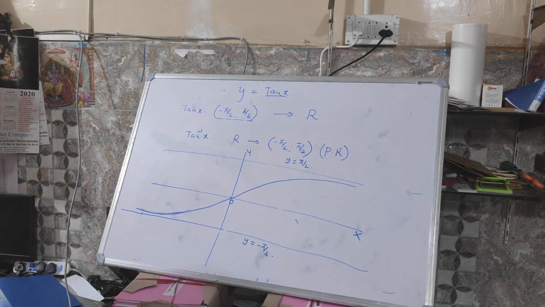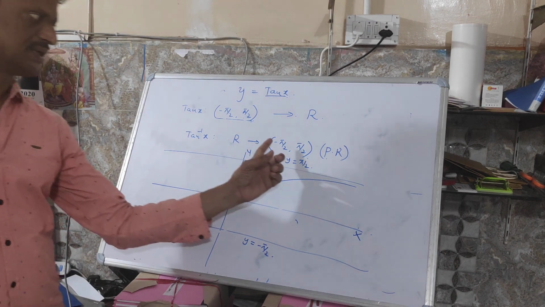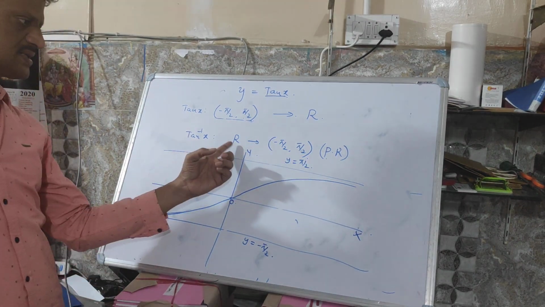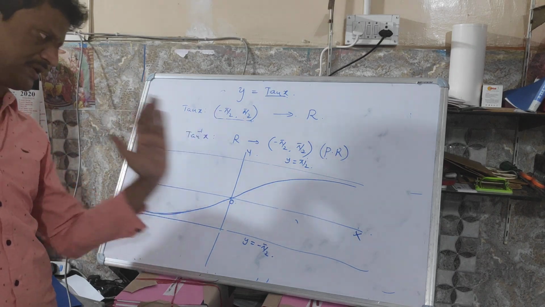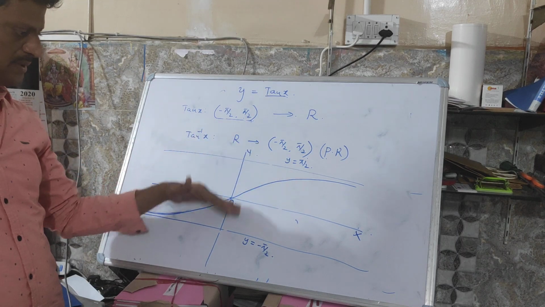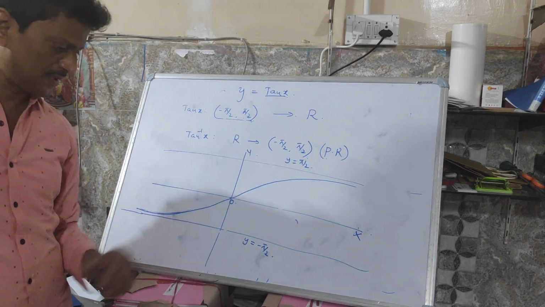This is the graph of tan inverse x in its principal range, the open interval minus pi by 2 to pi by 2, and the domain is the entire set of real numbers, the open interval minus infinity to infinity. This will be the range, the open interval minus pi by 2 to pi by 2, that is the principal range.